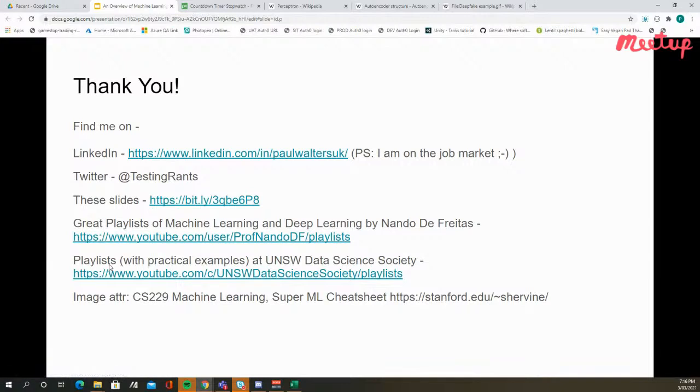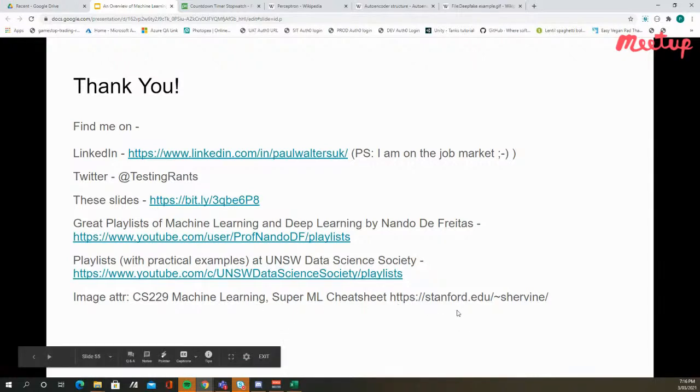And some playlists with some more practical examples, actually showing coding and how you could clean data and generate models, etc. The UNSW Data Science Society. I'm a member of this society. I'm a student at UNSW, and they do some pretty good resources. And I've got the Super ML cheat sheet that I took some of the diagrams and images from. You can find that here at stanford.edu. Shervine.